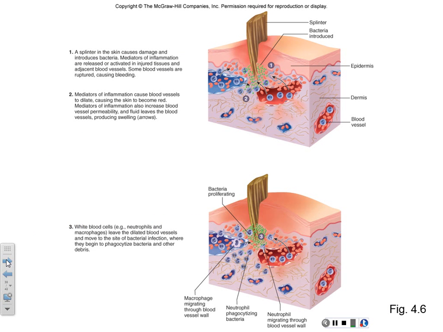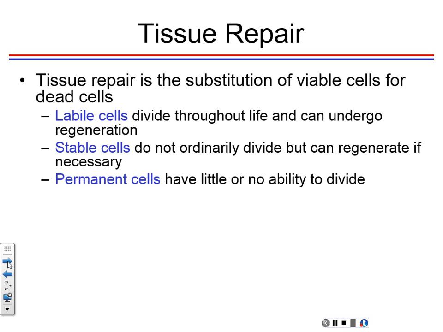In the morning I just jumped through quickly, but it's showing introduction of bacteria, and then the clotting, and then the white blood cells come out of the capillaries to take care of the bacteria. But what I want you to know is the tissue repair, how it happens.